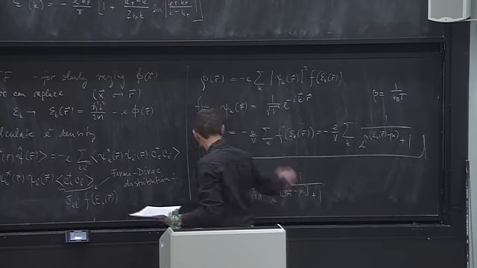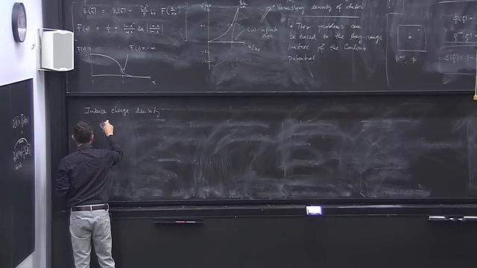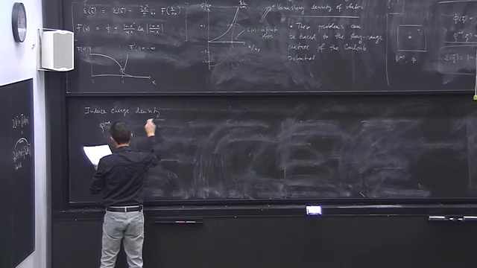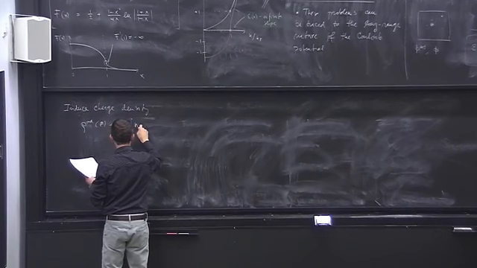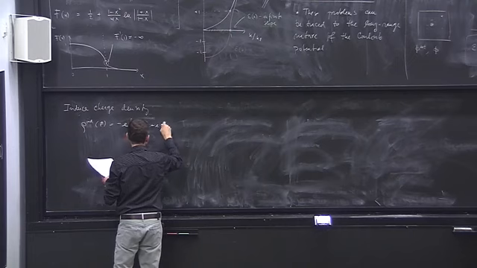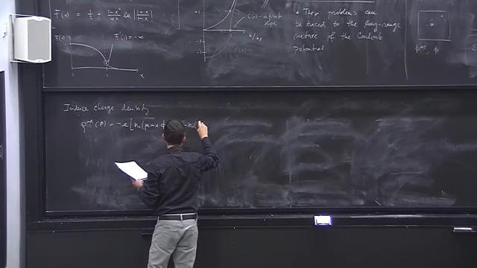And this is useful because in this notation, I can write my induced charge density as rho induced of R equals minus e, which I keep in front of everything, times n naught of mu plus e phi of R, minus n naught of mu.